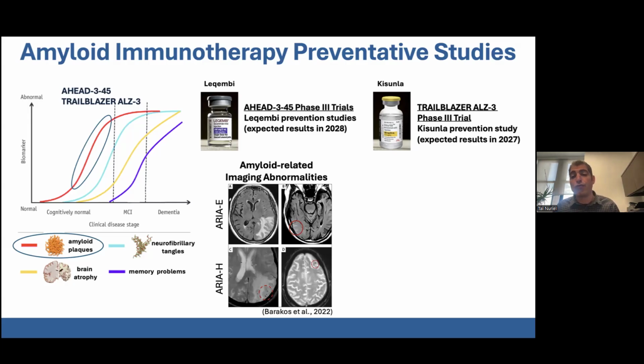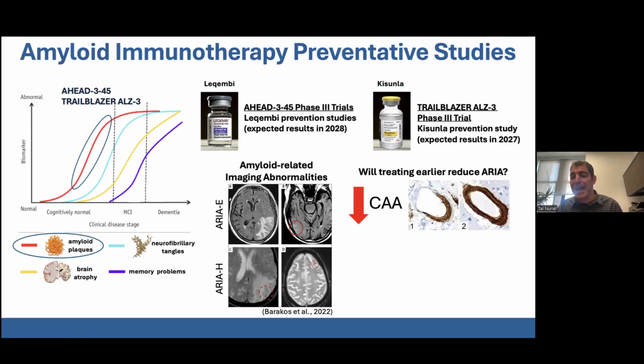The reason why I think it's too soon to say these drugs are bad for APOE4 carriers is we don't yet know whether they're going to have the same levels of ARIA, or ARIA at all. They'll probably have some ARIA, but would it be the same risk of ARIA when you treat earlier? And there's a good reason to think they might not.